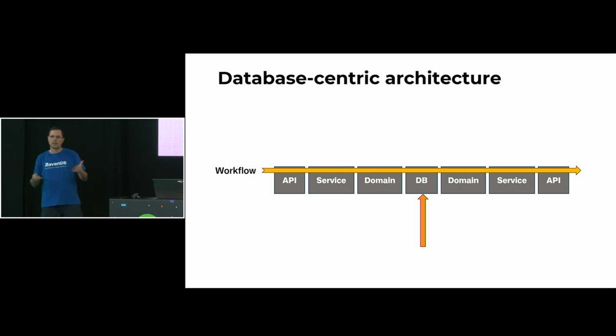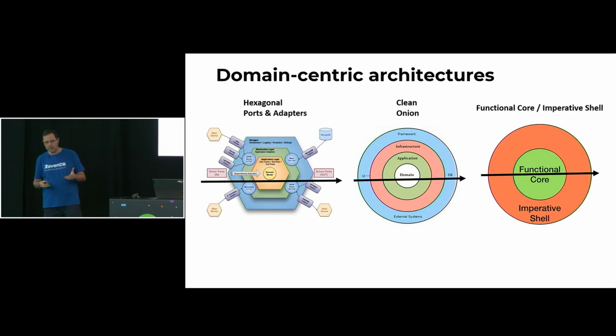Over the course of the past 20 years, since domain-driven design became a thing, we developed some best practices or recommended architectures. Today, when you read about hexagonal or ports and adapters, clean or onion architecture, or functional core and imperative shell, the black line represents the order of the execution flow.